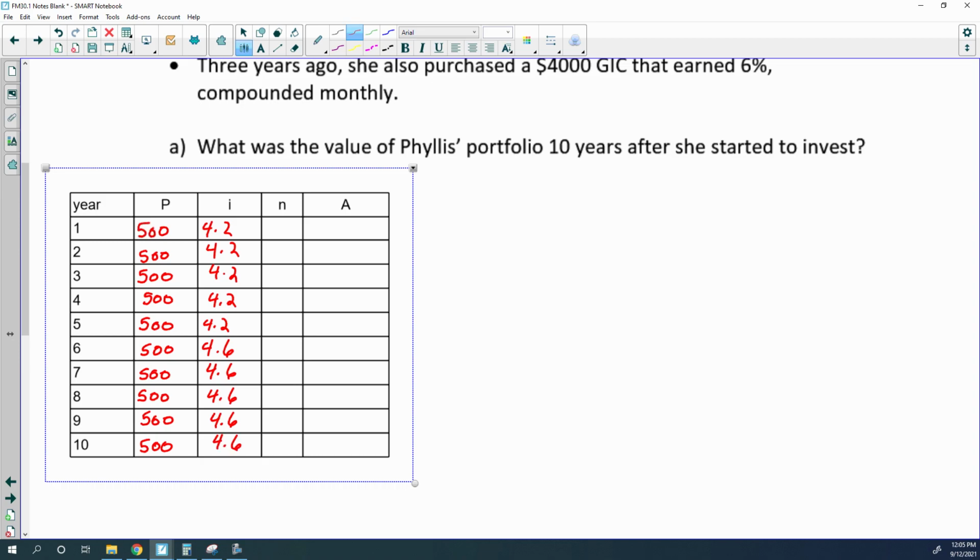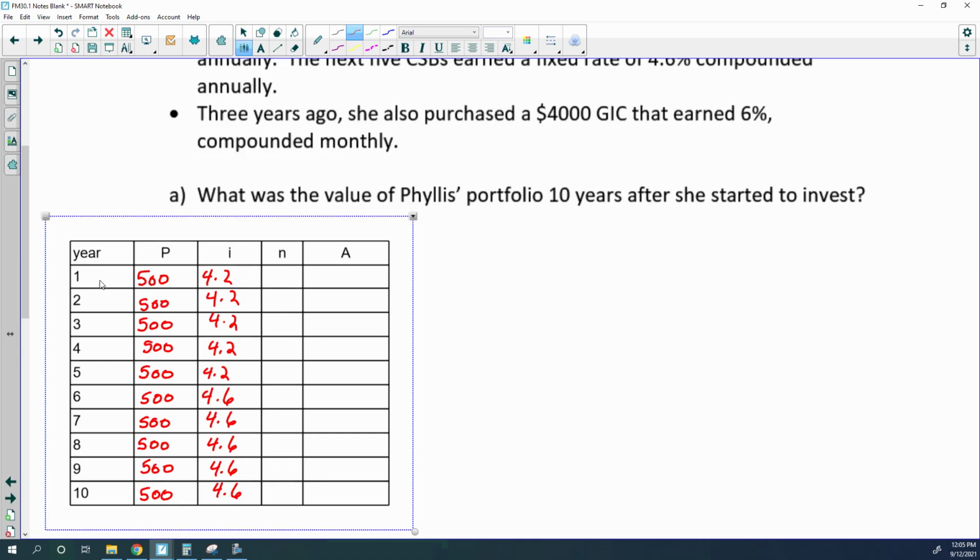Now for the number of times that they're compounded, the N for the life of each of these investments. For year 1, at the end of that year, she's going to buy the first 500, so there are 9 years to go for this investment. The second one she bought at the end of the second year, so there are 8 years to go.